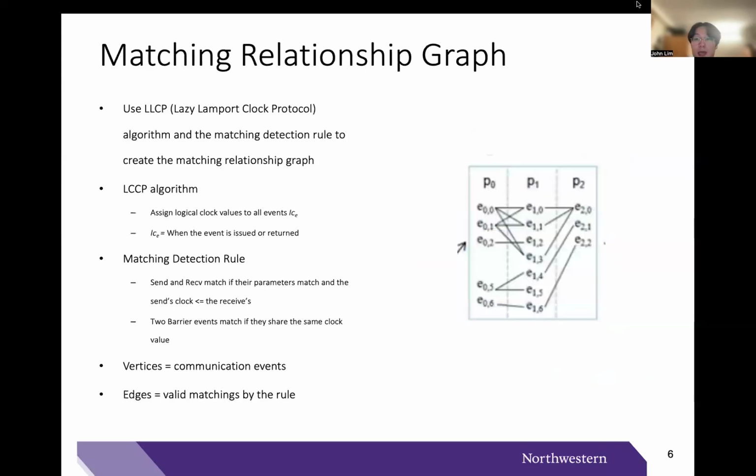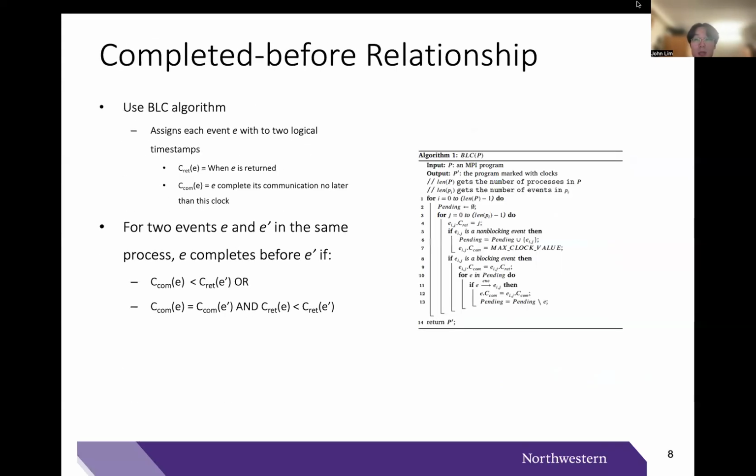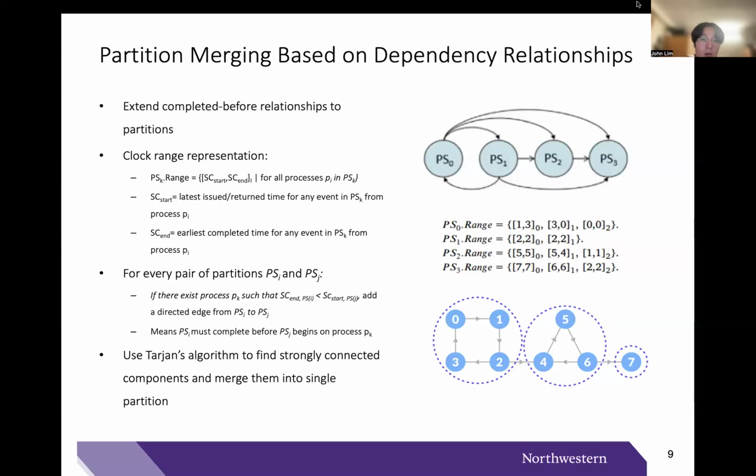From the preliminary partition, we add the edges from looking at the dependency relationship, and then after using Tarjan's algorithm, we would have a final partition that we could use to do the deadlock detection.